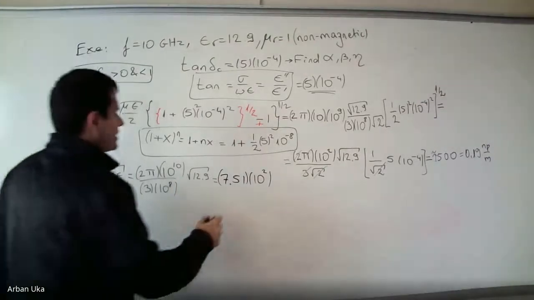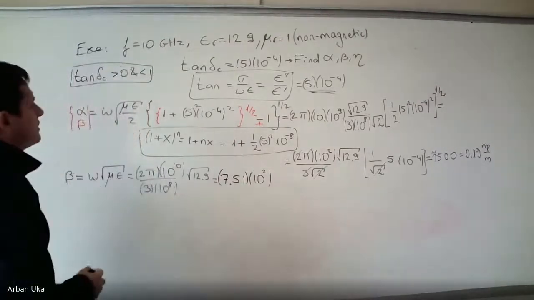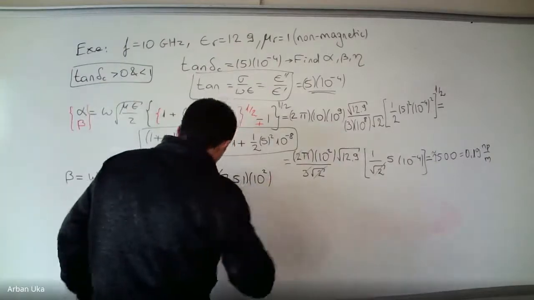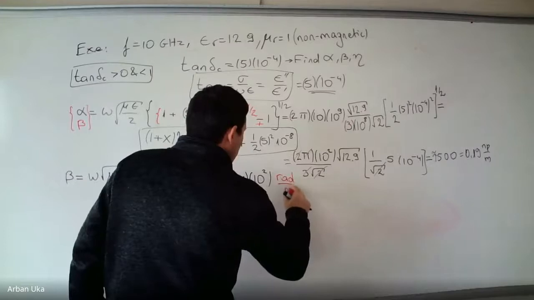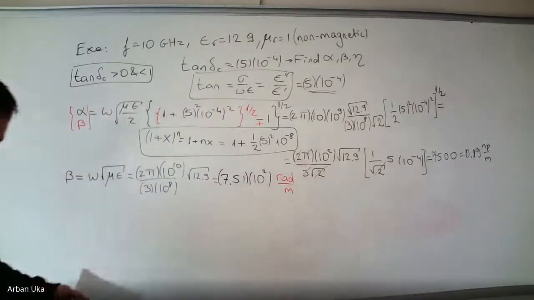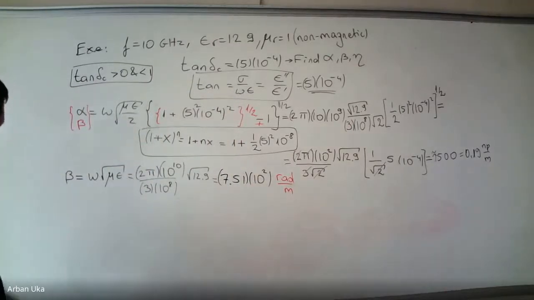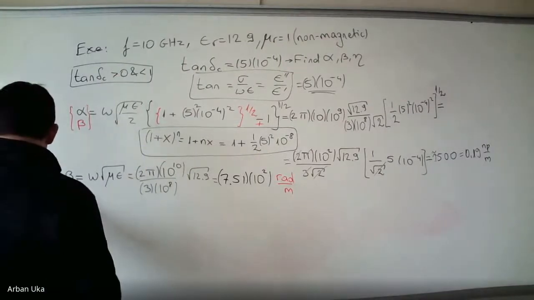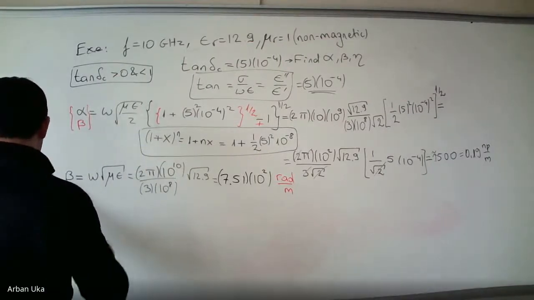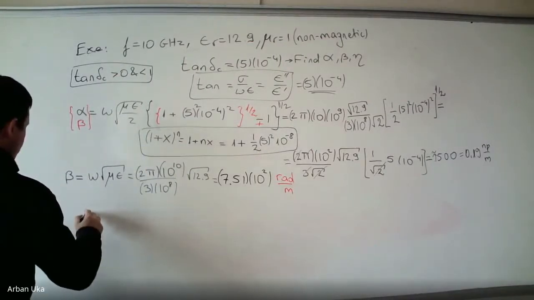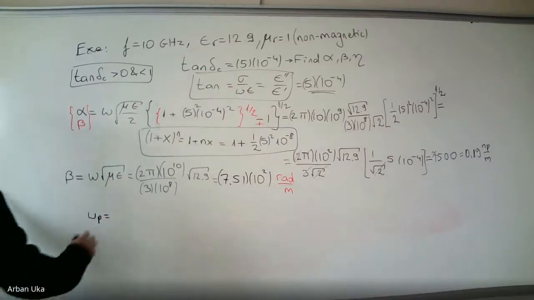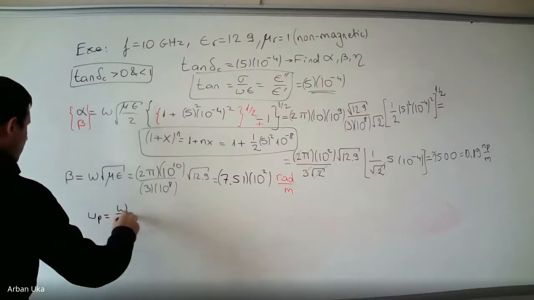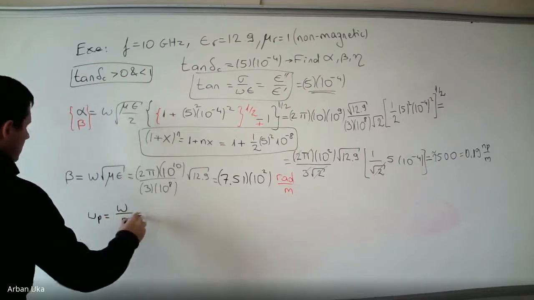So this is radian per meter. And then, so let's write this one. The unit of this one is radian per meter. So let's not miss this. And then immediately we can calculate a few parameters, such as the velocity or propagation velocity. This UP is equal to omega divided by beta, okay?